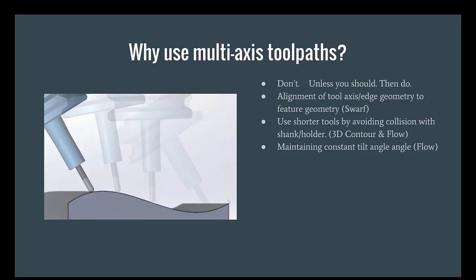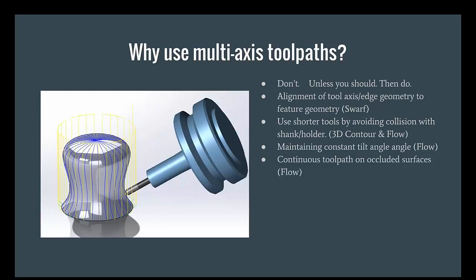It's a great scenario to use a toolpath like Flow that will maintain the tilt angle and keep the tool cutting with the side of the cutter. It also will keep the tool cutting with a consistent portion of the tool, which can have some accuracy benefits as well.